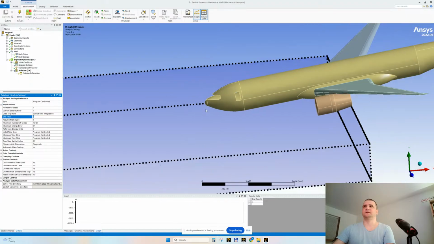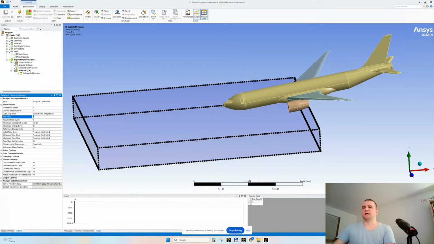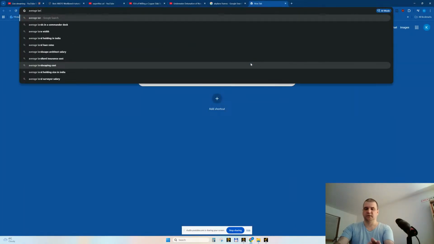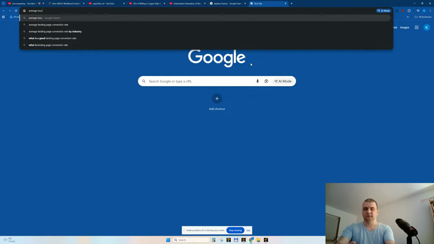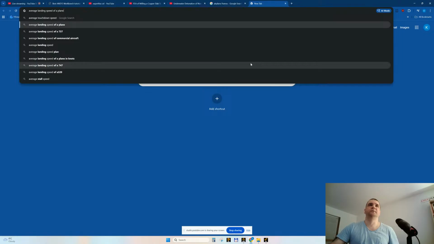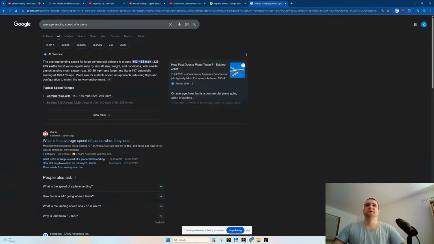And time. This is a very good question. Of course, at the time of landing, average landing, I don't know if landing may be touchdown speed, landing speed of a plane. I think it will be touchdown. So 260 kilometers per hour. 260.